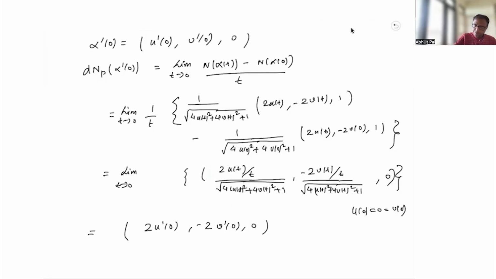Okay. So therefore, we have computed this dNp of alpha prime 0, and alpha prime 0 is equal to u prime 0 comma v prime 0 comma 0.